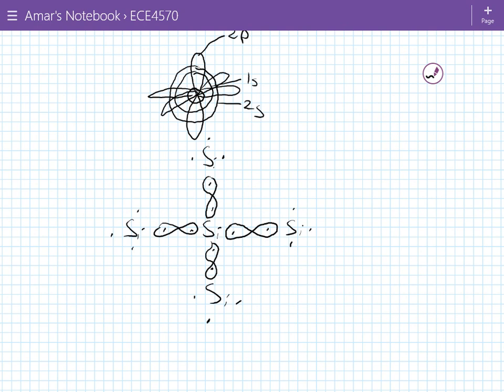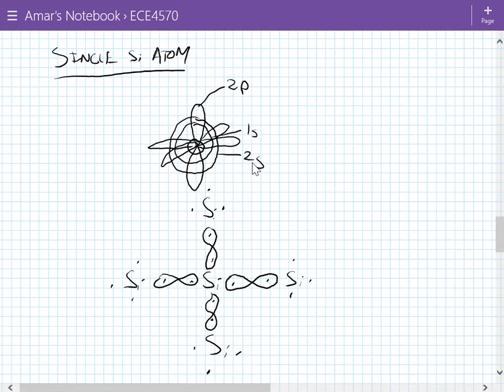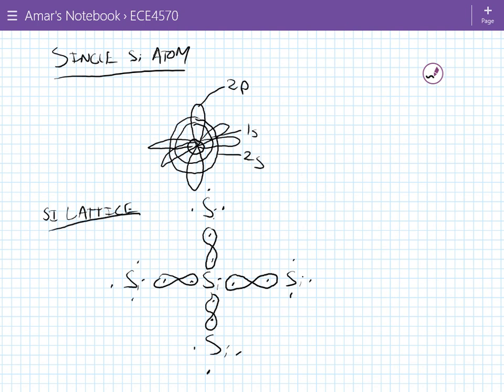So these are what the 1s, 2s, and 2p orbitals look like in single atoms. And then in a silicon lattice, this is what they look like.